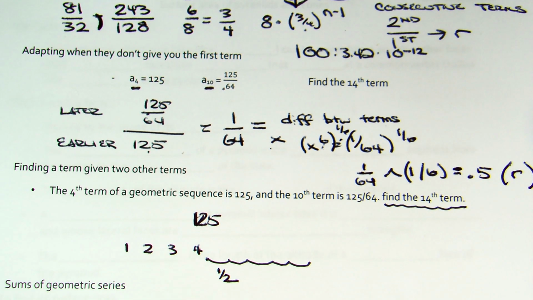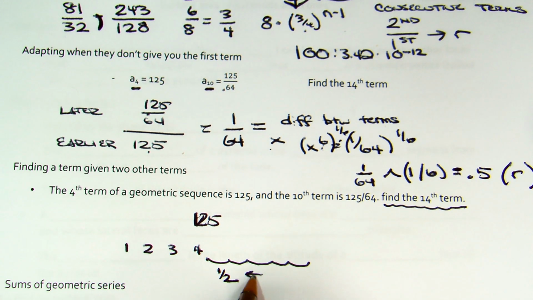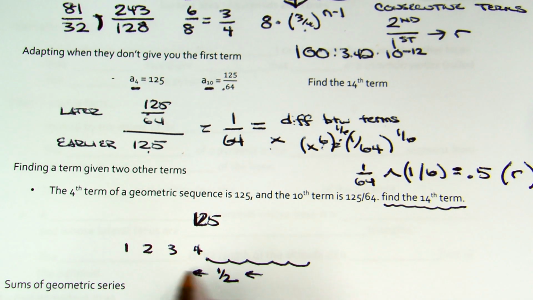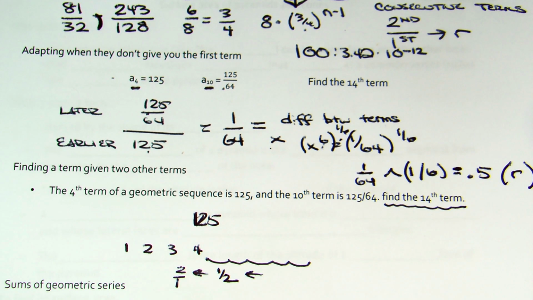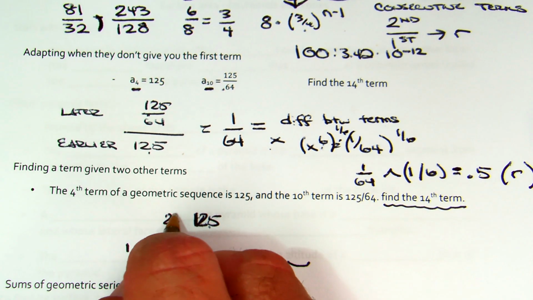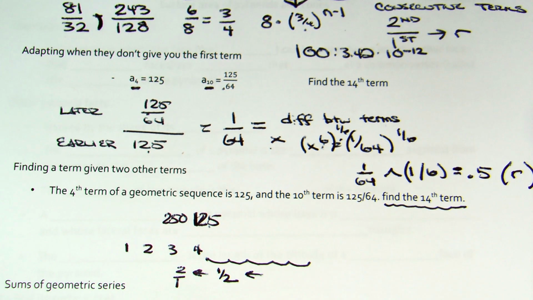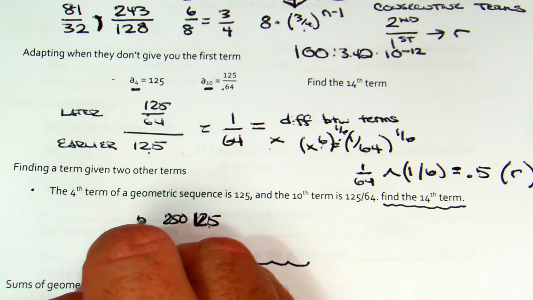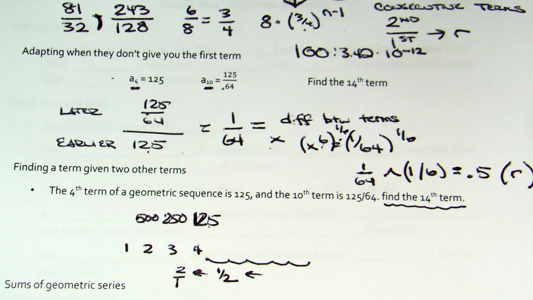So just like arithmetic sequences, to get a to the 1, we're going to work backwards. So what's the opposite of multiplying by 1/2? Multiplying by 2 over 1. What's 125 times 2? 250. What's 250 times 2? 500. What's 500 times 2?